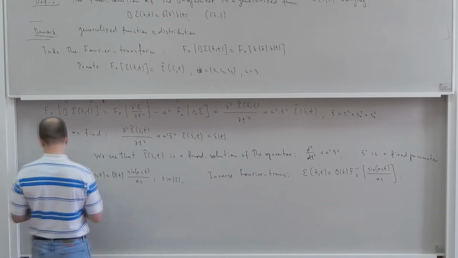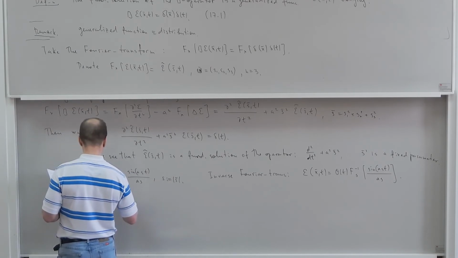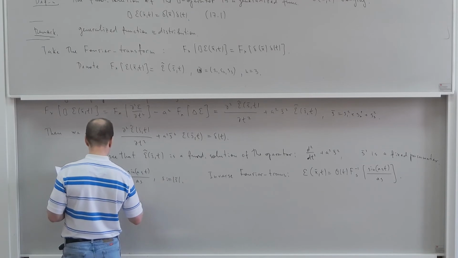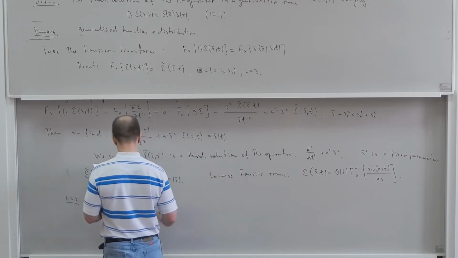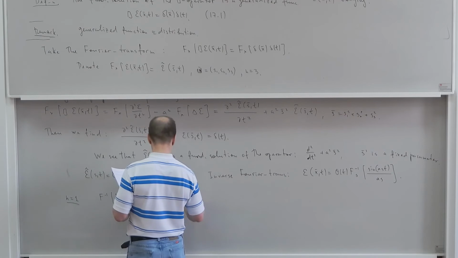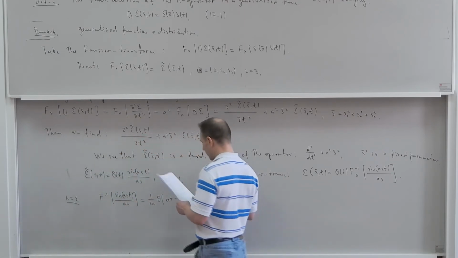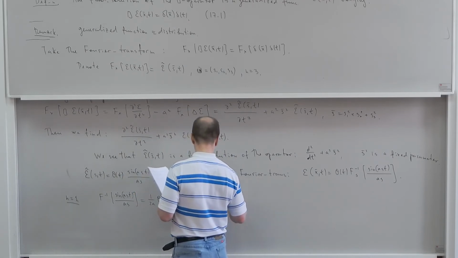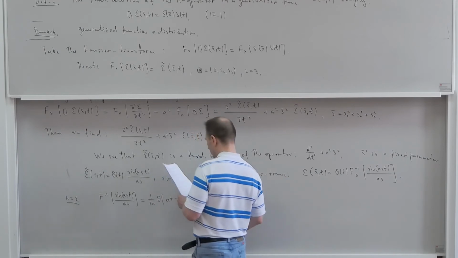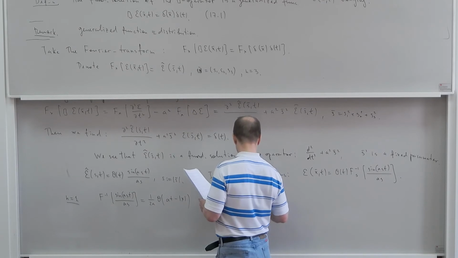As for n equal to 1, the Fourier transform was found by us. It is equal to such a generalized function, distribution. And then the fundamental solution in the case of one-dimensional space is written in the following form.